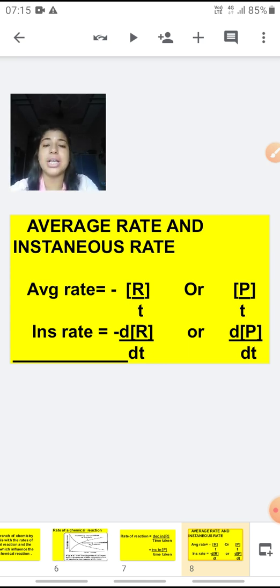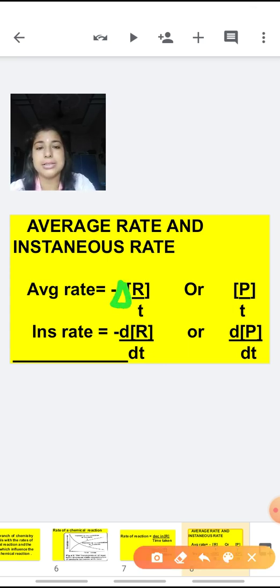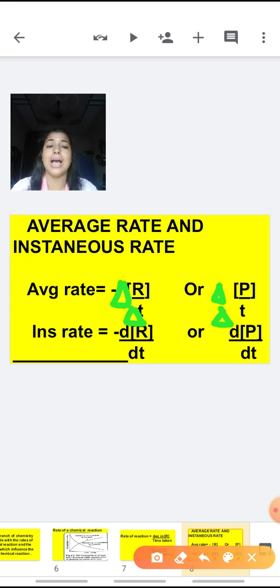The average rate is equal to minus delta R upon delta T, where the time interval taken is large, and it can also be written as delta P upon delta T.